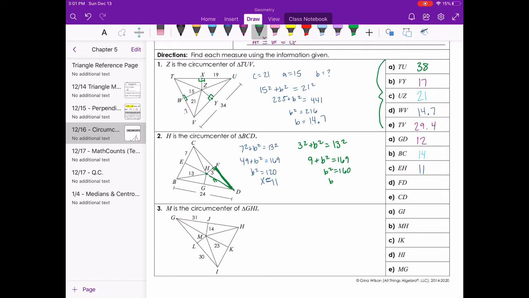So B would be approximately 12.6. So this would be 12.6. If they want me to find CD, I would just have to double this number, which would give me 25.2.